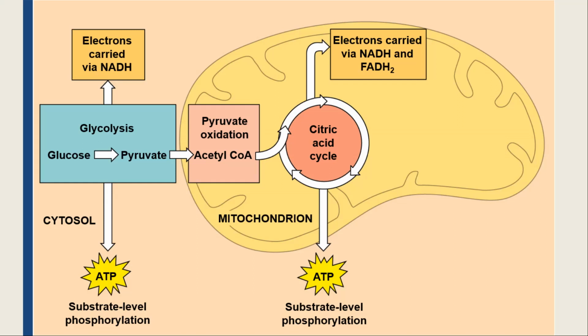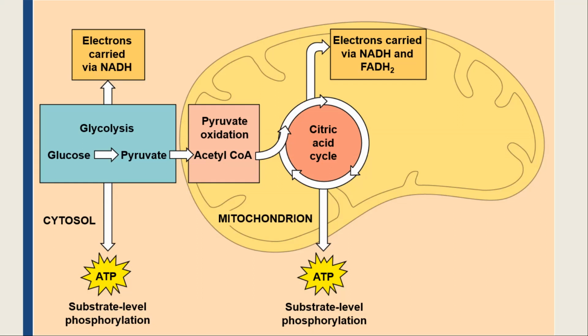So first of all, the pyruvate will get oxidized, and it will get converted into acetyl-CoA. It loses a carbon dioxide; carbon dioxide comes off, and it loses a carbon molecule in that stage. Then it goes into the citric acid cycle, where it gets broken down the rest of the way.